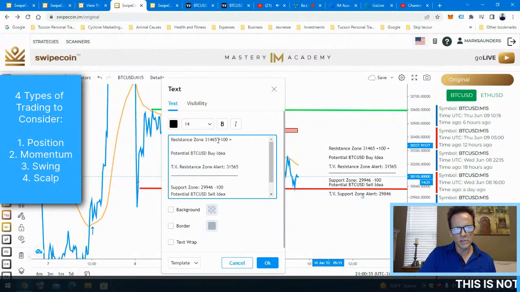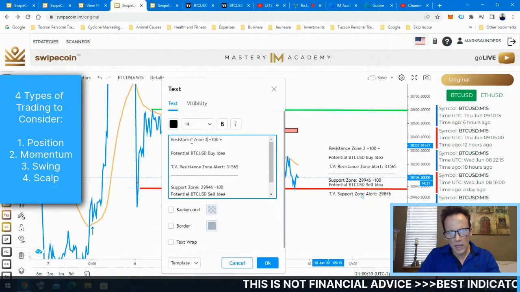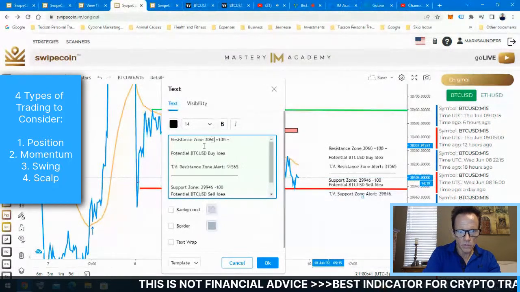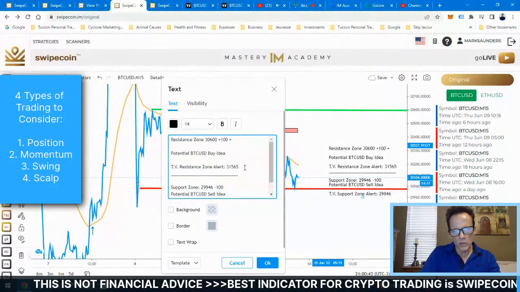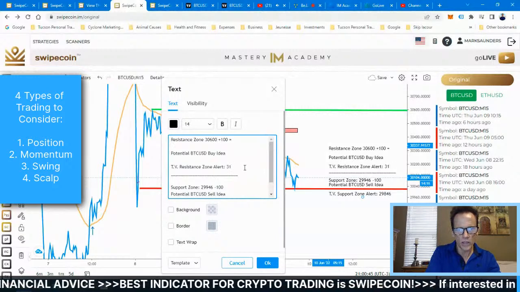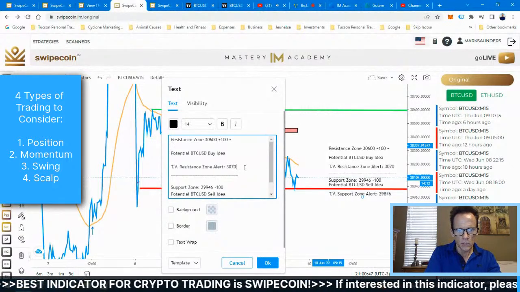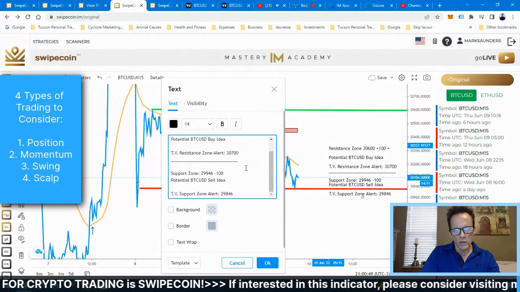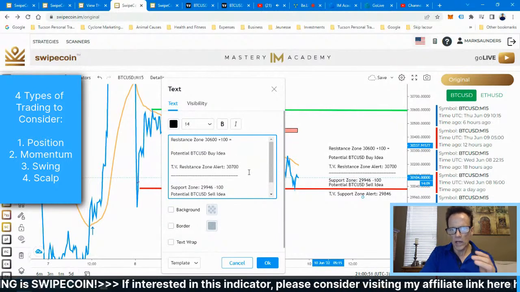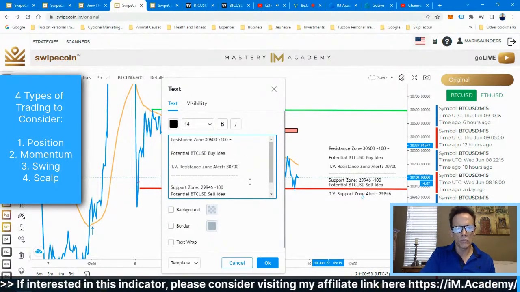So for the resistance zone, that's going to be at 30,600 plus 100, because that's a range he gives us. It's not just going to really be right on one number. It's going to be a range.